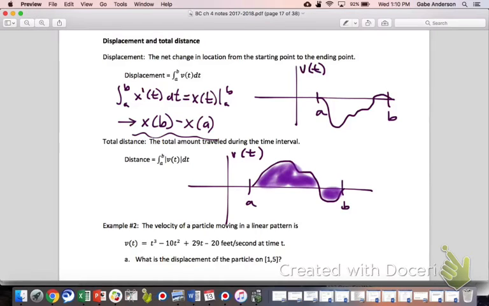But if we were more interested in total distance traveled, our velocity graph would still look like this, but to get the total distance traveled, we would want to consider this graph, the absolute value of velocity, also known as speed.